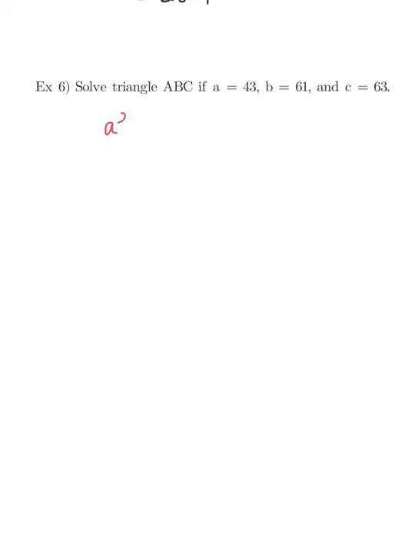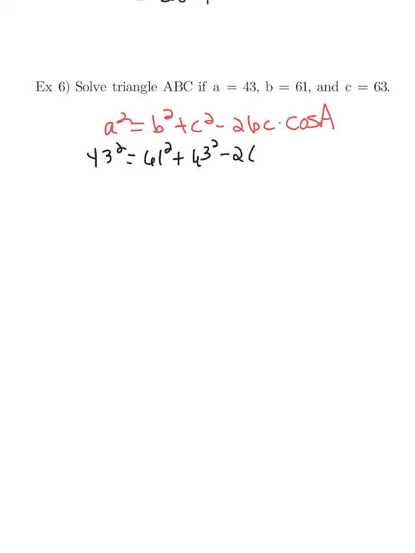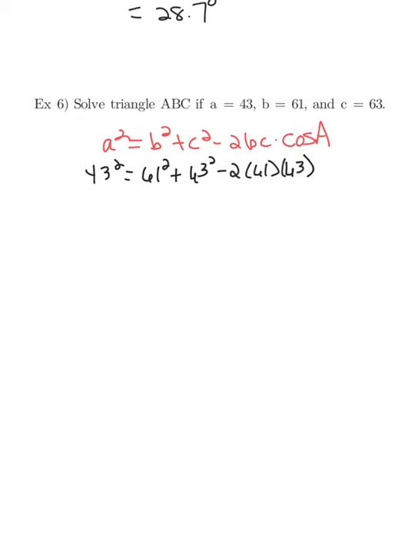So I need to use the A squared equals B squared plus C squared minus 2BC times the cosine of angle A. Putting our numbers into position, we will have 43 squared equals 61 squared plus 63 squared minus 2 times 61 times 63 times the cosine of A.